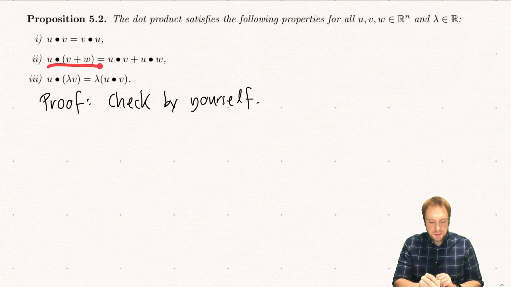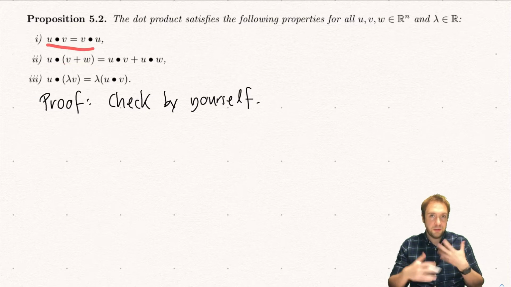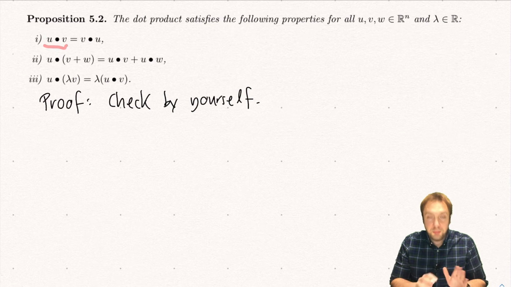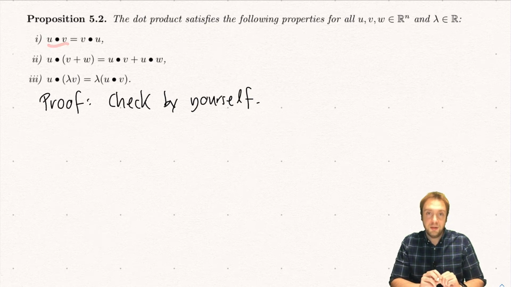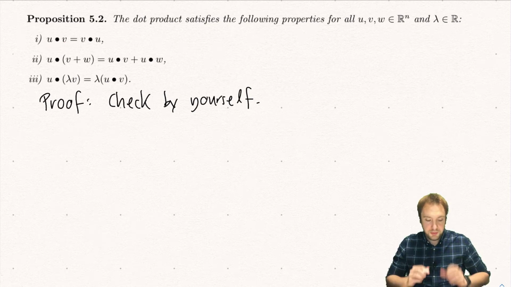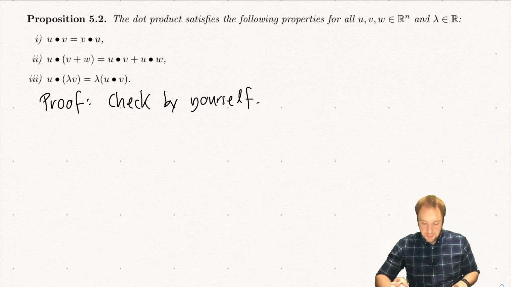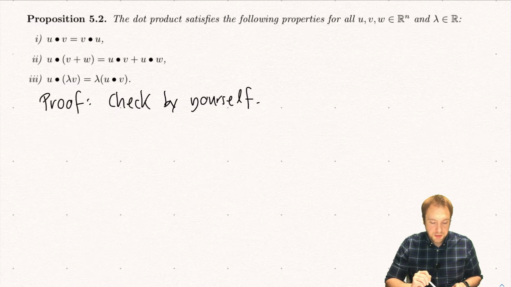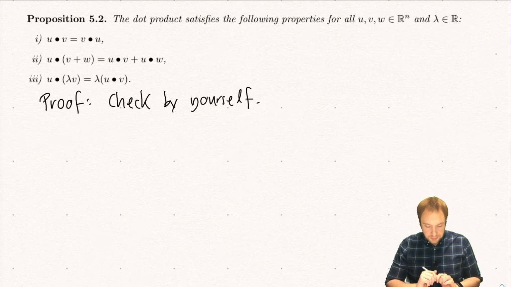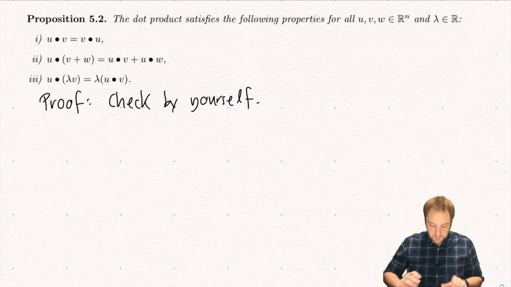So basically this means that the dot product somehow behaves like the usual multiplication of numbers, even though this is not the multiplication of numbers, it's a multiplication of two vectors and the output is a number. Okay, and this notation of the dot product we will use later to define projection and reflection.